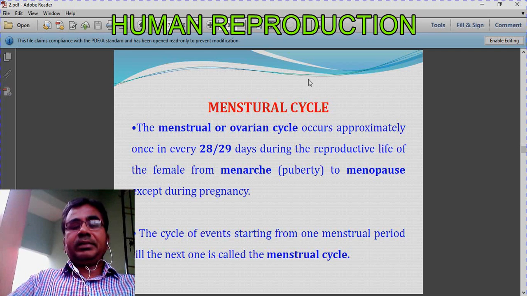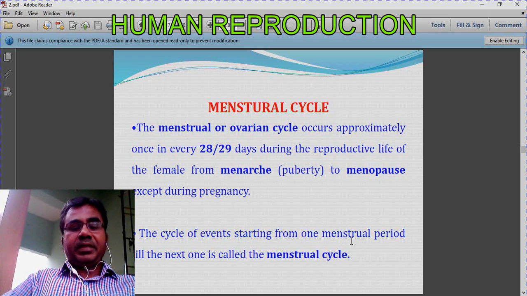Once the girl attains puberty, that is attaining maturity, for about 28 days cyclic changes occur in the uterus, especially in the inner layer of the uterus, the endometrium, that result in the formation of menses. The cycle starting from one menstrual period till the next one is called the menstrual cycle.